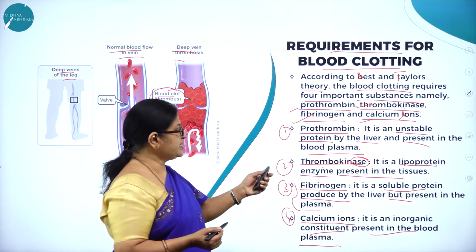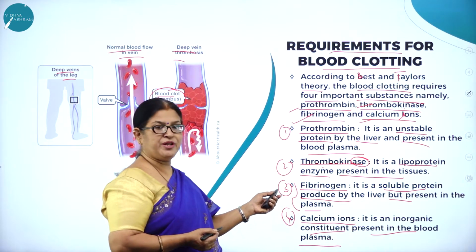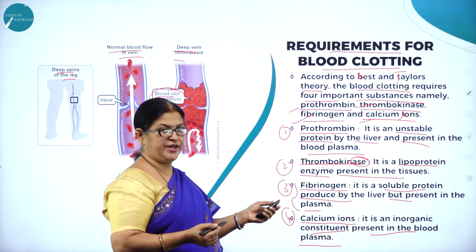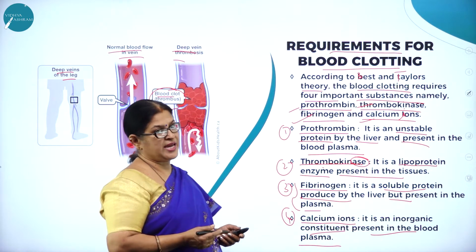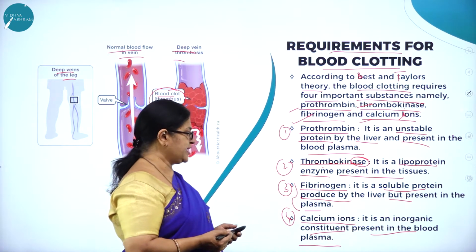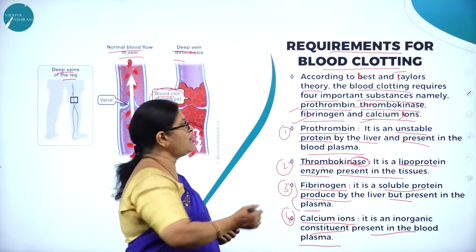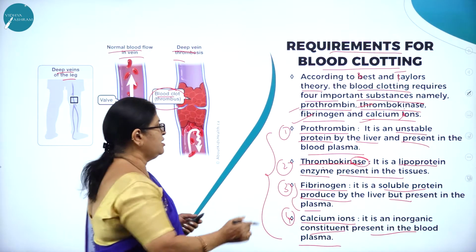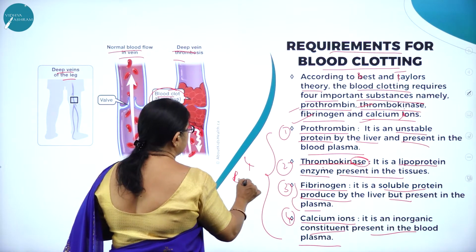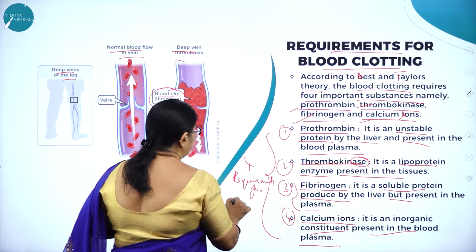So it is a lipoprotein enzyme present in the tissues. And fibrinogen is a soluble protein produced by the liver but present in the plasma. Calcium ions, as we know, is an inorganic constituent present in the blood plasma. All these 4 are the very important requirements for blood clotting.